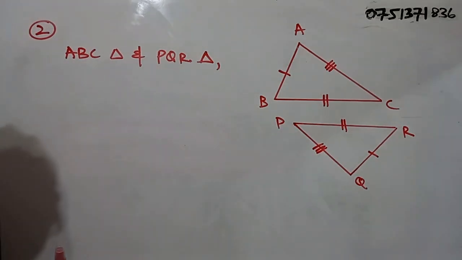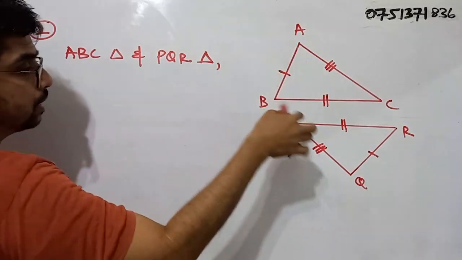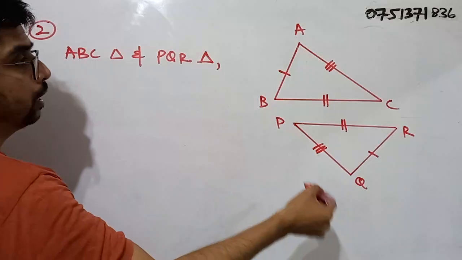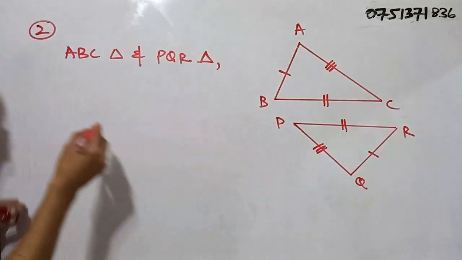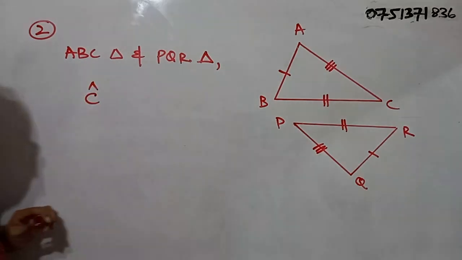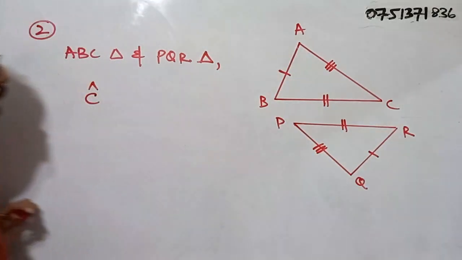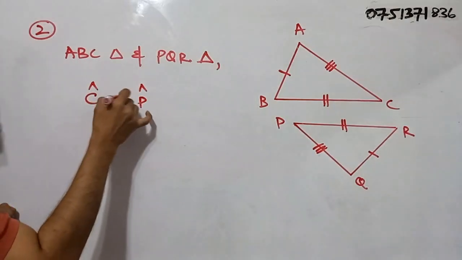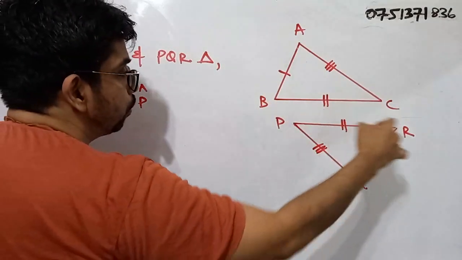Right, so now we will write the corresponding elements. So AB is equal to QR, and also if we think about the opposite angle to AB, what is that? Angle C. AB is equal to QR. What is opposite angle to QR? Angle P. So these two are equal. Right. So BC is equal to PR.